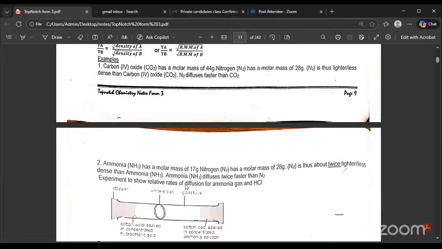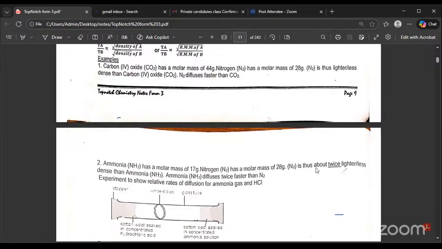Somebody can ask you about this. This is an experiment that we did; I explained these experiments the other day, and it is being repeated here. So ammonia is less dense, or we can say it is lighter, than nitrogen.